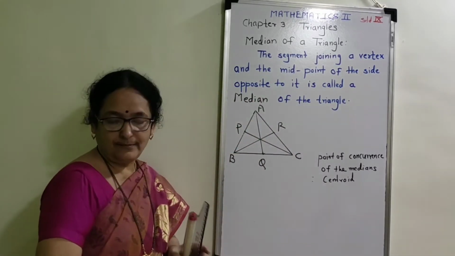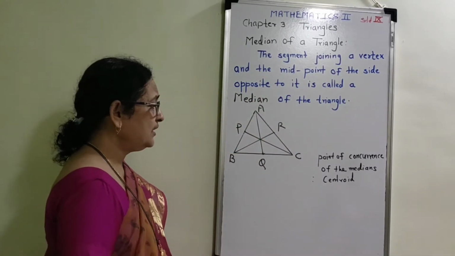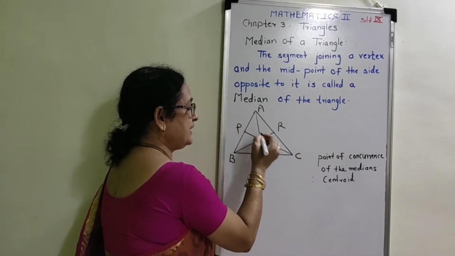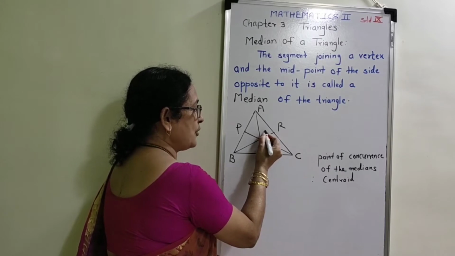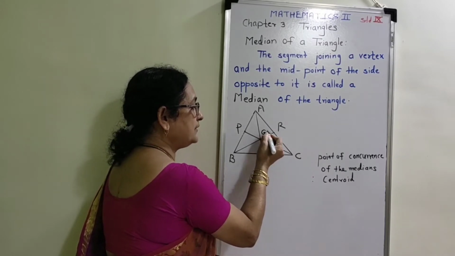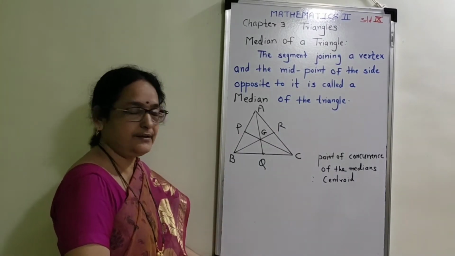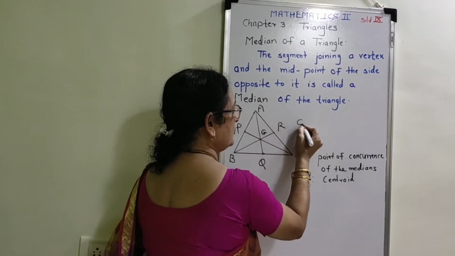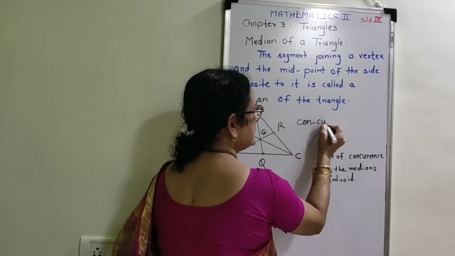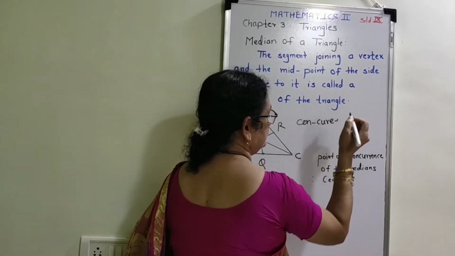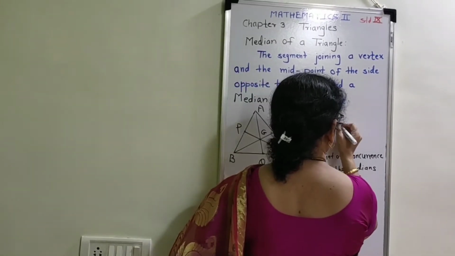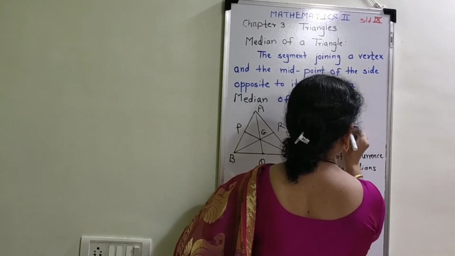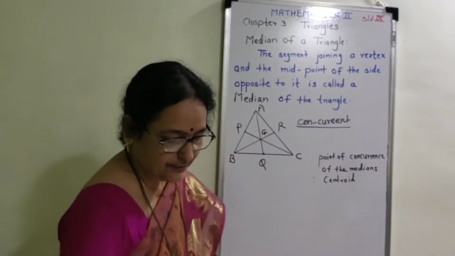Now observe the figure on the blackboard. Here, all the three medians are intersecting in one point. When all the three medians intersect in one point, we can say that all the three medians are concurrent to each other.